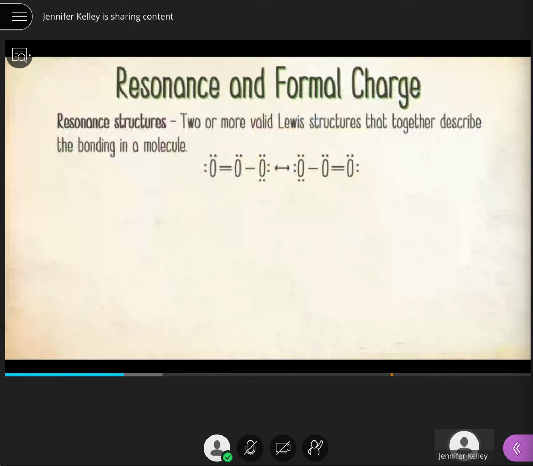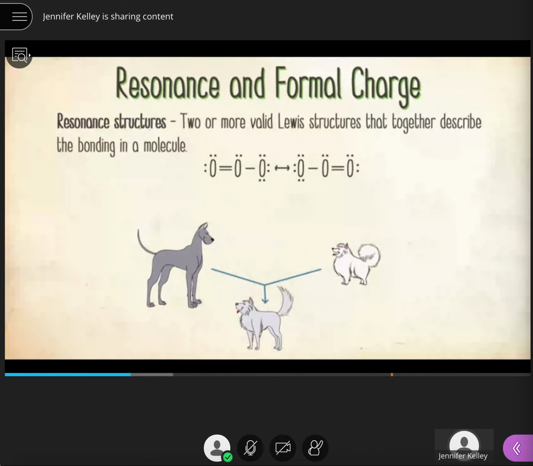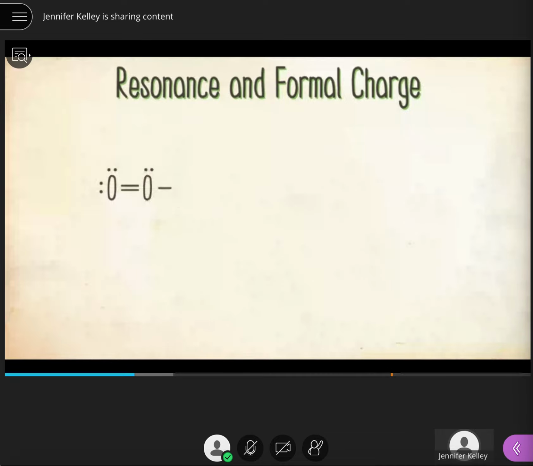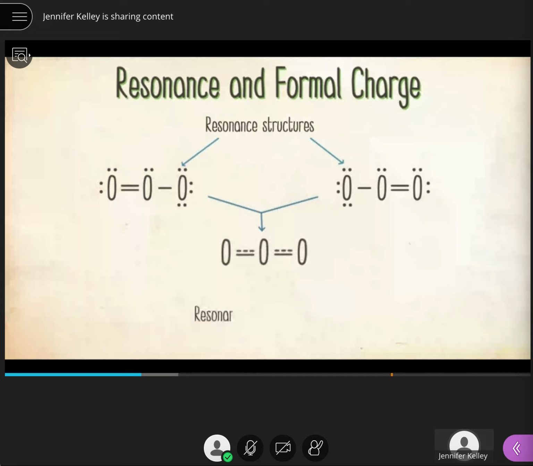The offspring of two different breeds of dogs produces a hybrid dog, one of mixed breed. Similarly, the molecule described by two resonance structures is a hybrid of the two resonance structures. The space-filling model of ozone looks like this. Notice that its bonds are equivalent. These bonds are intermediate in length between a single bond and a double bond, as you would expect from a structure that is intermediate between the two resonance structures.